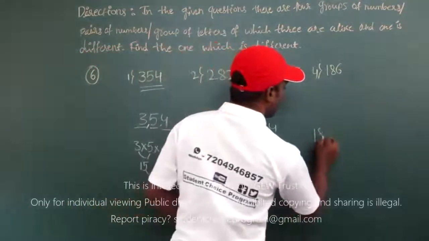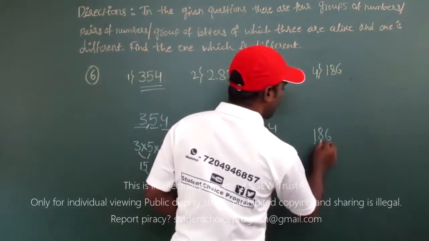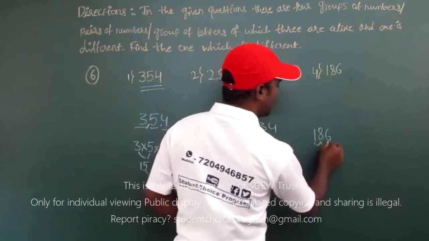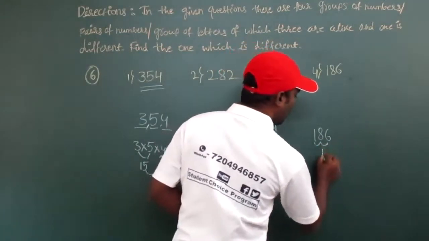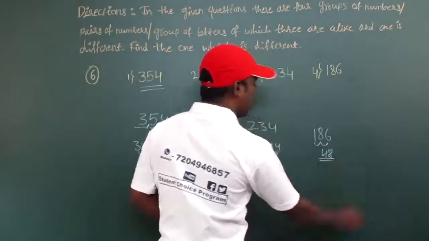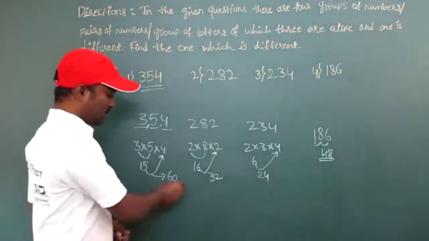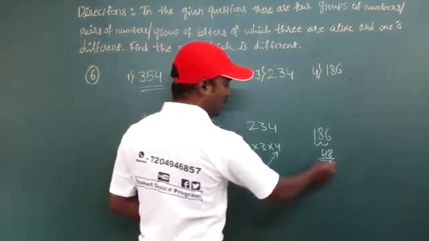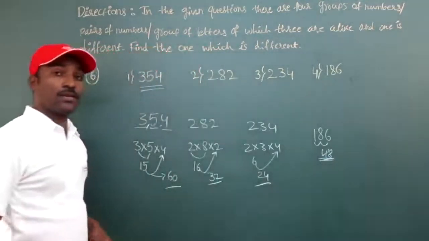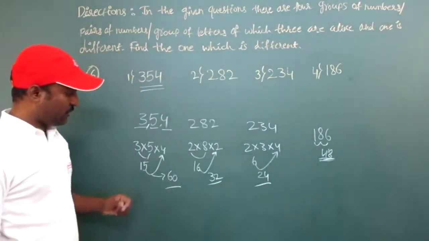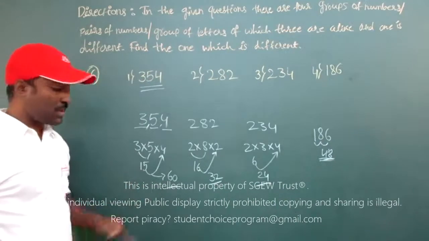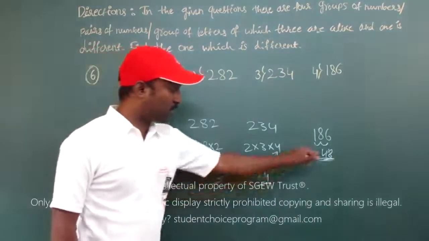The last option is 186. 1 into 8 is 8. 8 into 6 is, yes, 48. So I obtained 60, 32, 24, 48. Okay. Now if you observe these numbers, 60, 32, 24, 48.